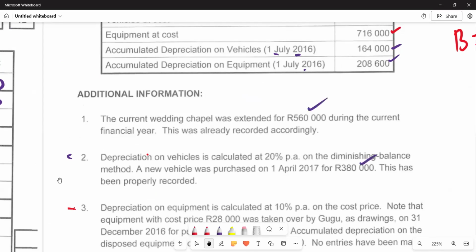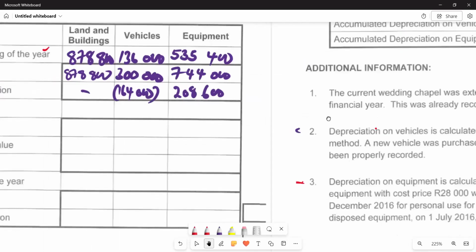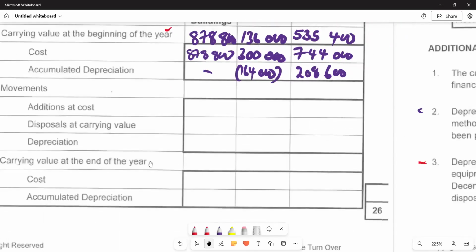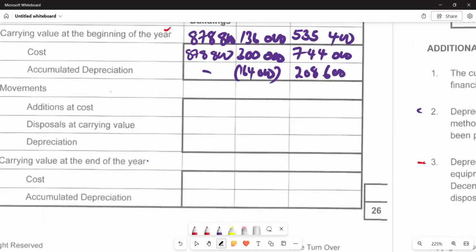So we just take them and enter them as they are in our answer section. So additions: on land and buildings we have 560,000. And then we go to our vehicles, we've got 380,000. And equipment, we don't have any addition.